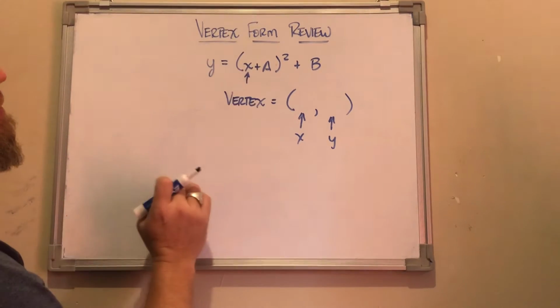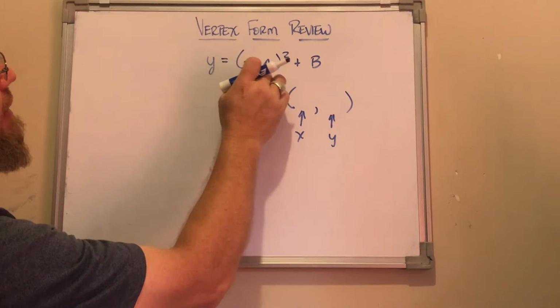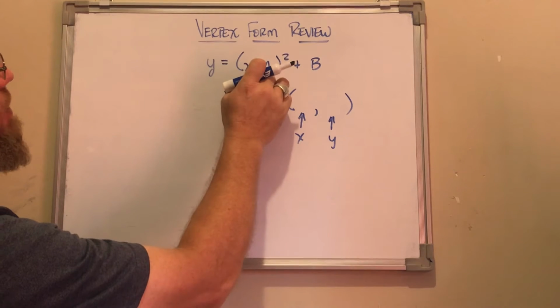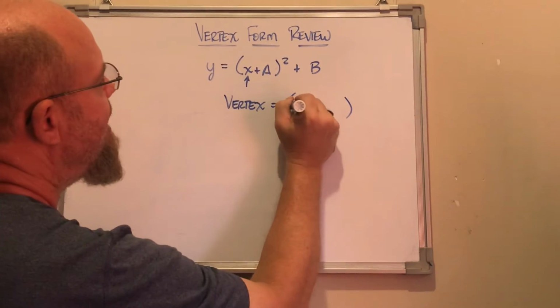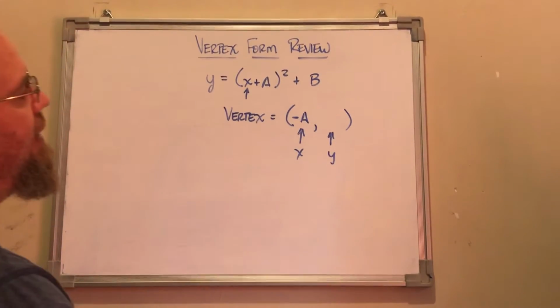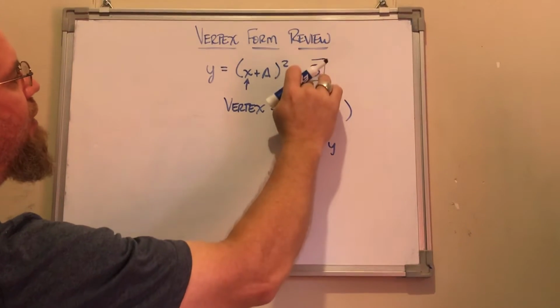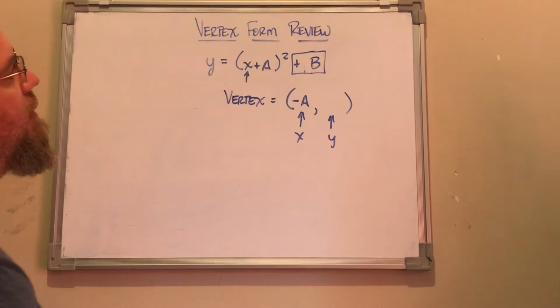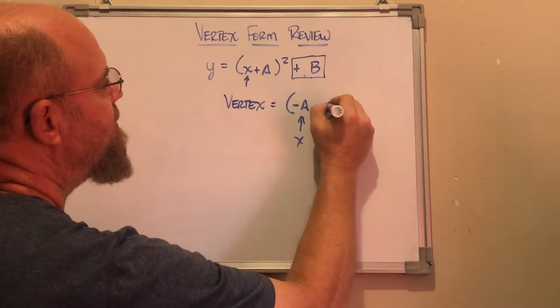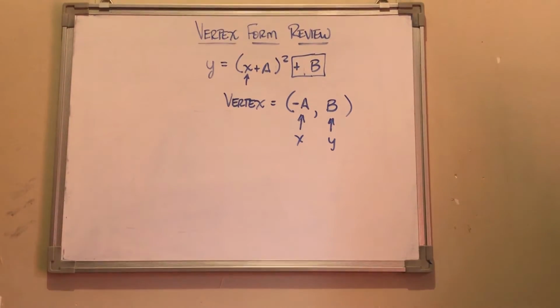So in this instance, what would make this 0? Well, x would have to equal negative a, and then your y value is just this guy right here, including the sign. That is your vertex.